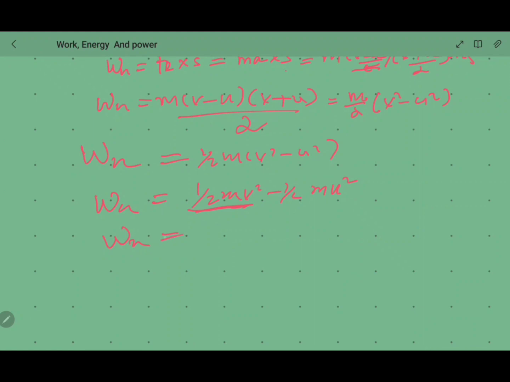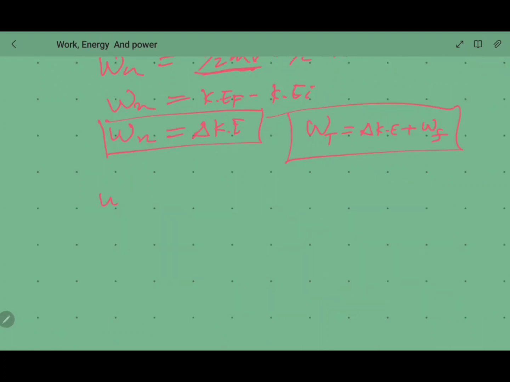So the work done by the net force is equal to the final kinetic energy minus the initial kinetic energy, or the change in kinetic energy. Meaning the total work done is equal to the increase in kinetic energy of the mass plus the work done against friction. This is a very important thing to note regarding work done by forces.